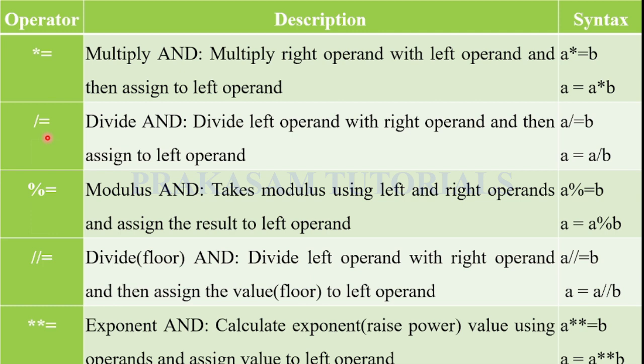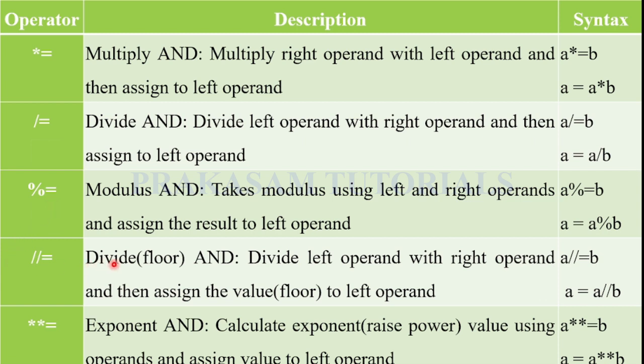It divides the left operand by the right operand, and its resultant value is assigned to the left operand. Percentage equal is the modulus end. This operator takes the modulus using the left operand and right operand and assigns the resultant value to the left operand.